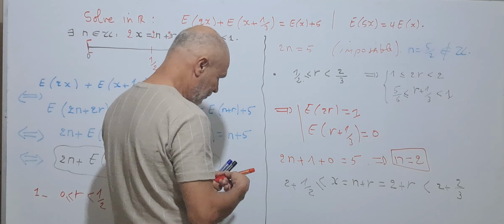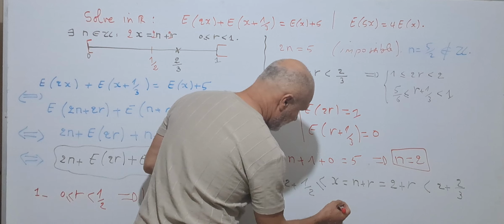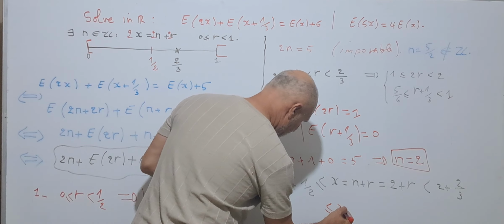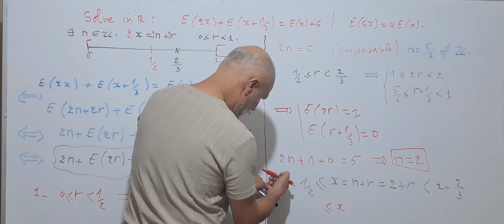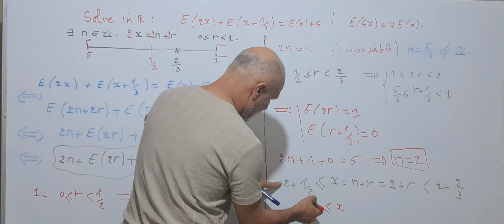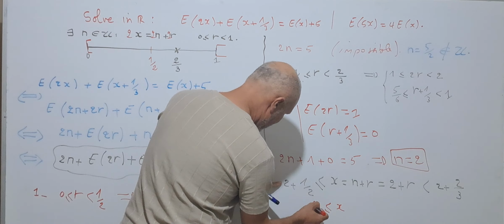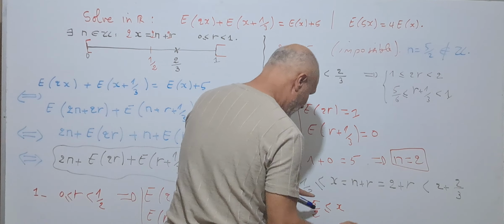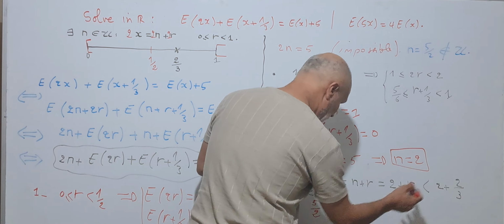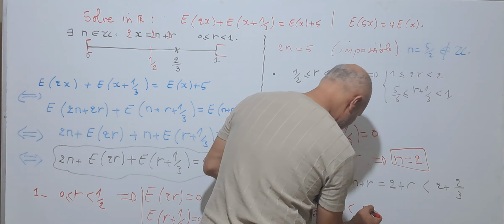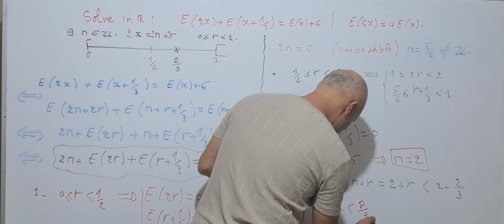From this side we have x greater than or equal to 5 over 2, and from the other side we have 8 over 3.